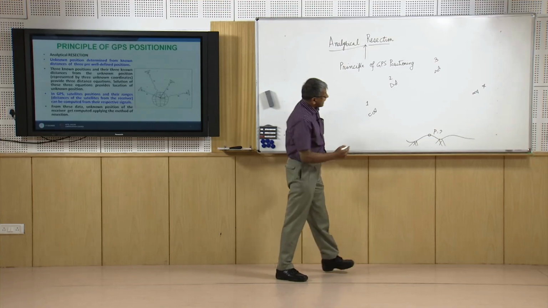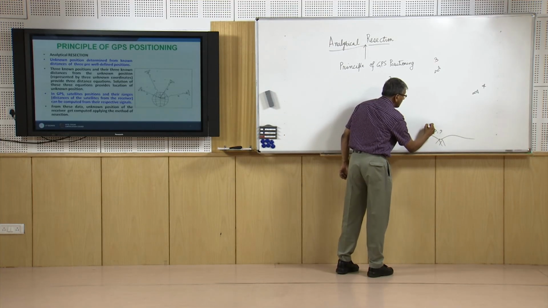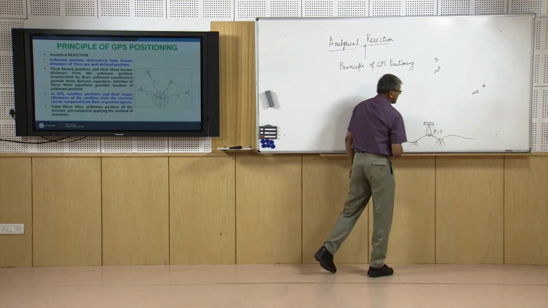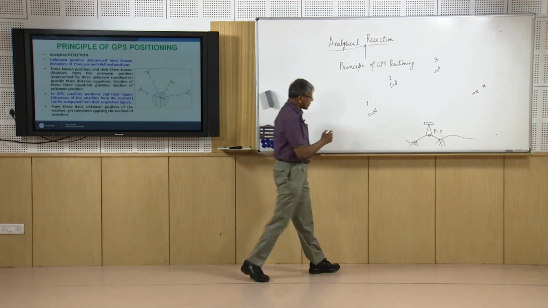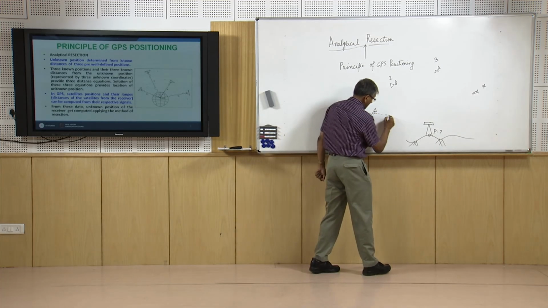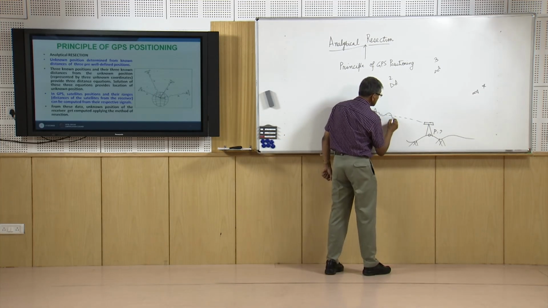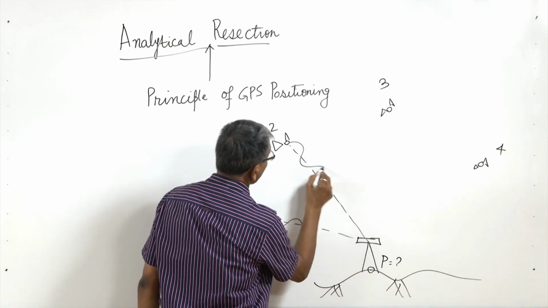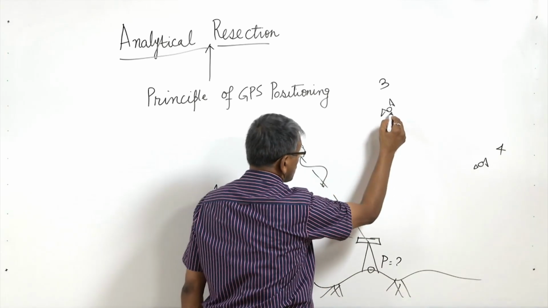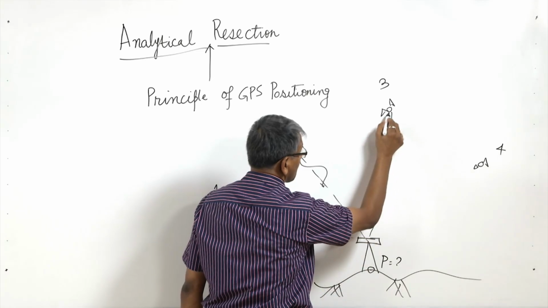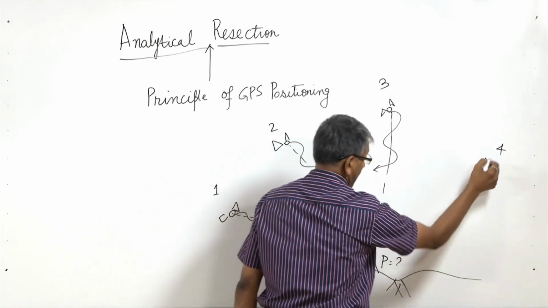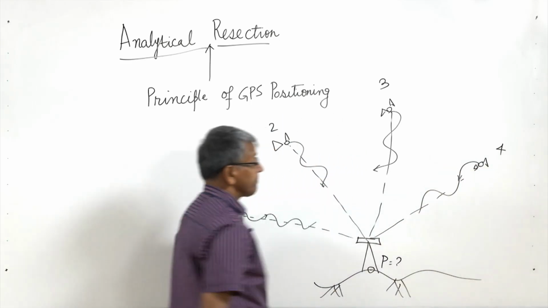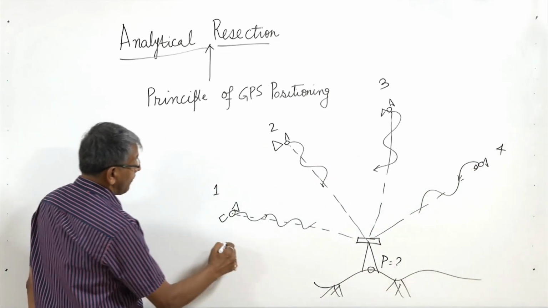So at this point we place a GPS receiver. This receiver receives GPS signals from these satellites.